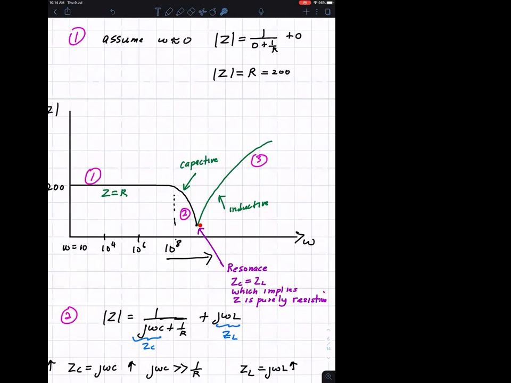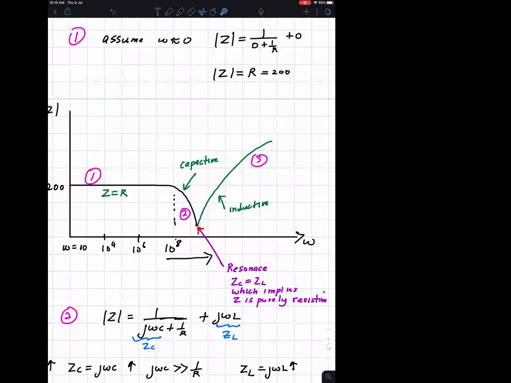That's when the parasitics are fighting each other. The inductive parasitics and capacitive parasitics form inductive impedance and capacitive impedance. When they equal each other, they cancel. And at this point, the circuit is purely resistive.